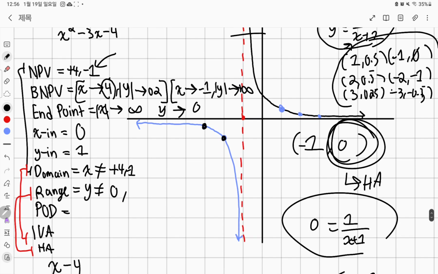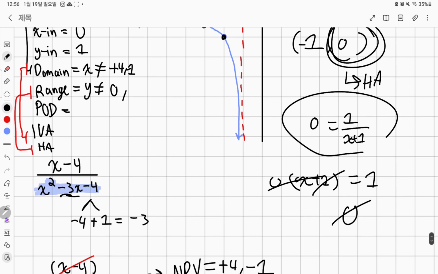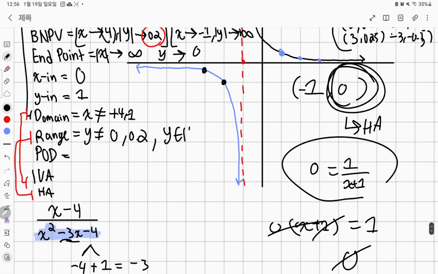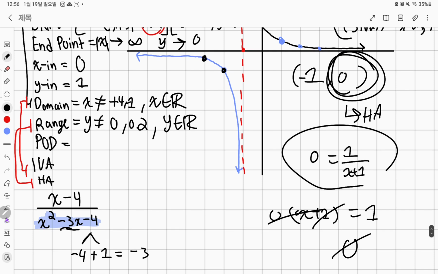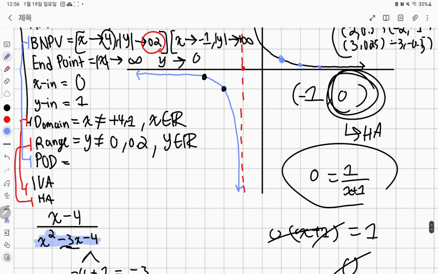Y can be 0, and we need to add the behavior over the POD, which is 0.2. And y is all real numbers. And x is all real numbers. POD, point of discontinuity. This behavior, POD, has the same value.